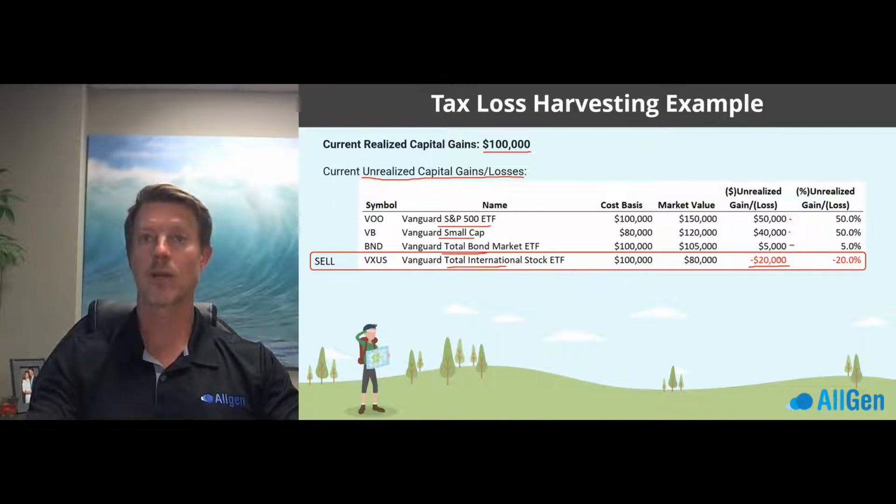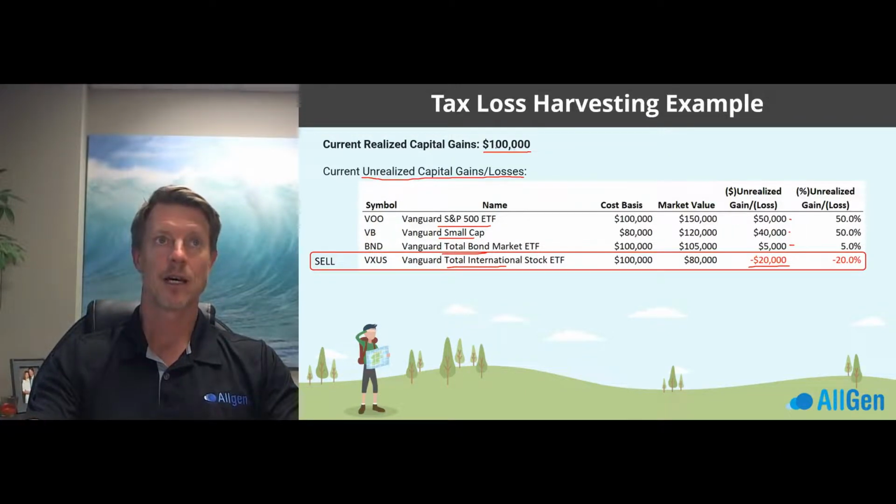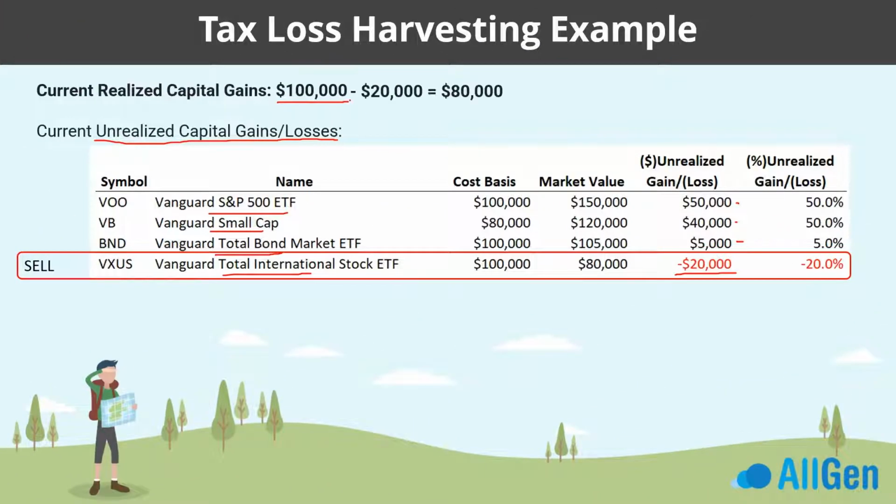Remember, right now it's unrealized, but once we sell it, we would realize that loss, and we can pair that loss up against the $100,000. That means we could take $100,000 minus the realized loss of $20,000 from selling this position, and you'd end up with $80,000. Again, we're still using long-term capital gains, so $80,000 instead of $100,000 means you pay less in taxes.